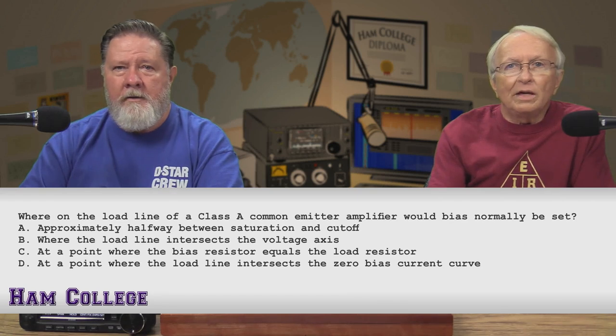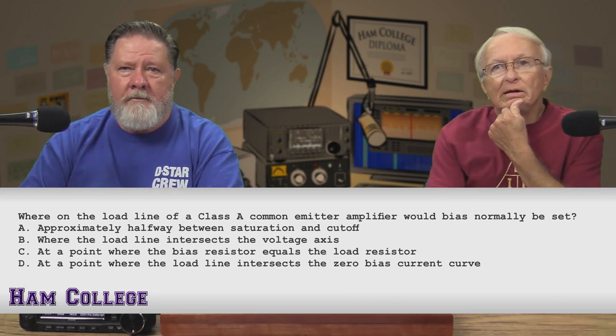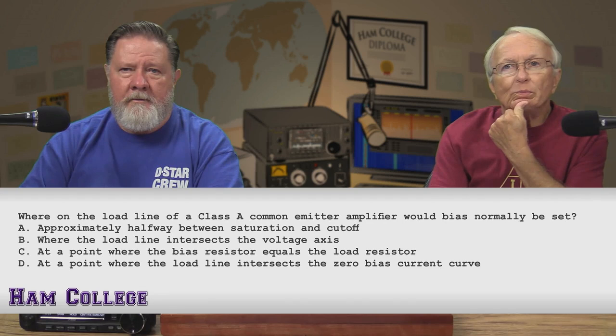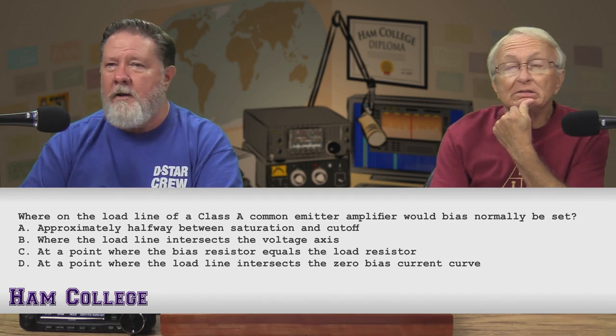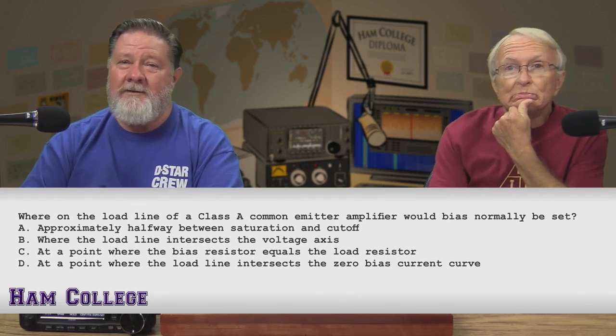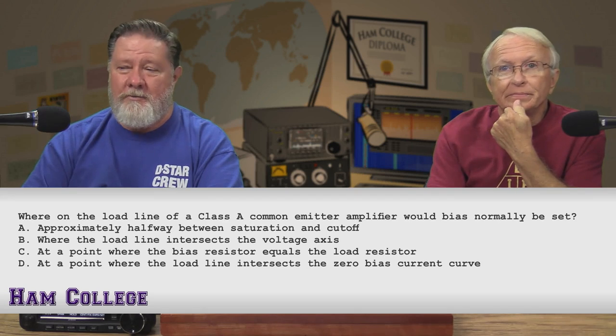Where on the load line of a Class A common emitter amplifier would bias normally be set? I'm glad you got this because I don't have even a clue.